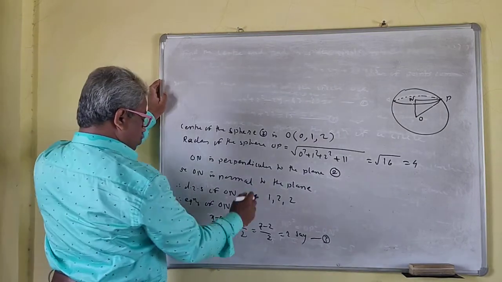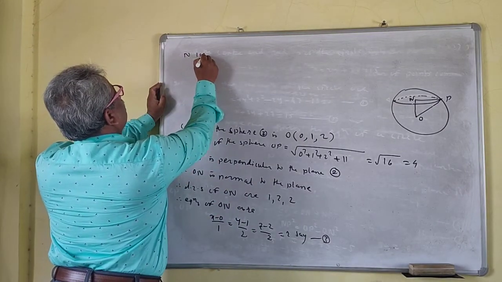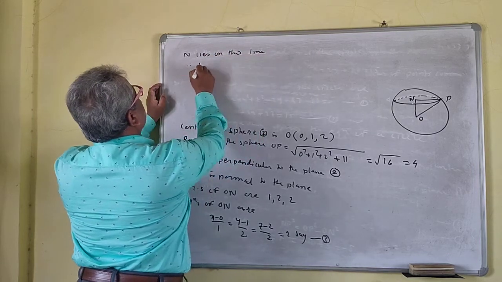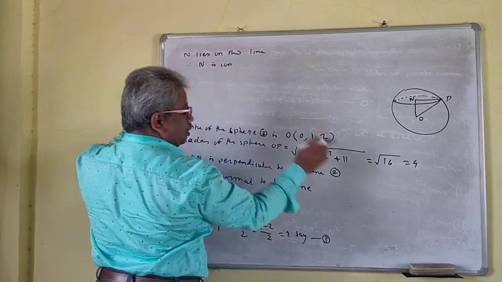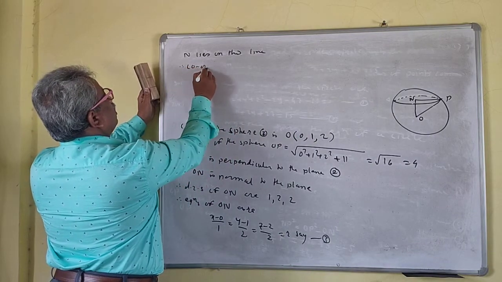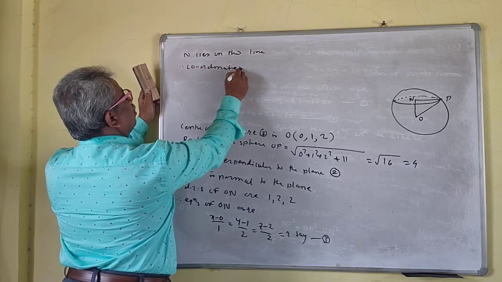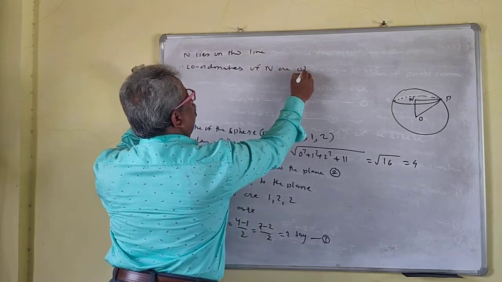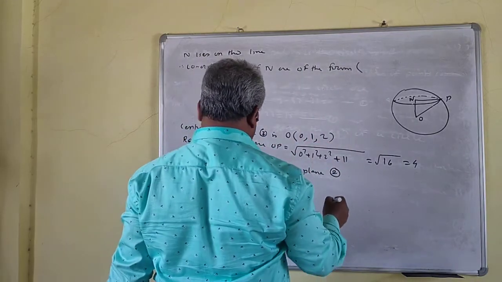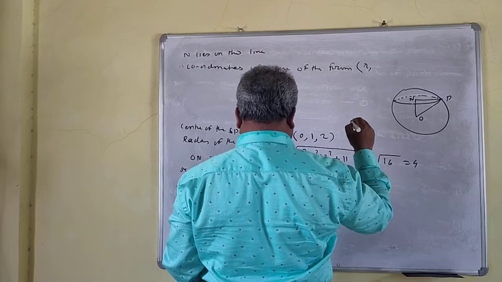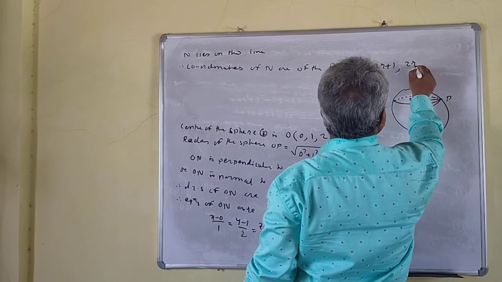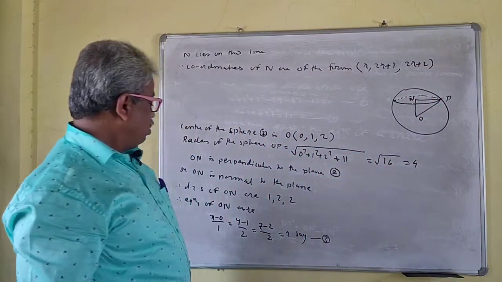Okay. So now N lies on this line. Therefore the coordinates of N are of the form: r, twice r plus 1, twice r plus 2.